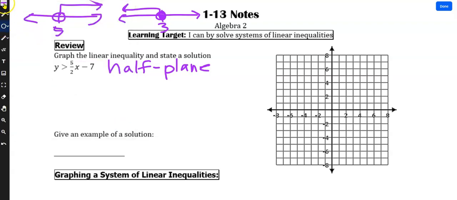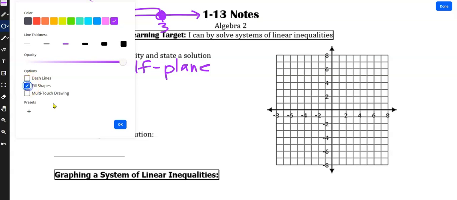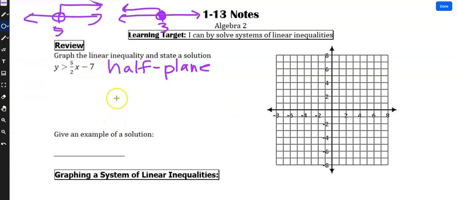So let's see here. And this one obviously has a y-intercept at -7. We talked about the y-intercept in section 12, and then using the slope to find other points, up 5 and to the right 2. You've got to be able to look at that slope.